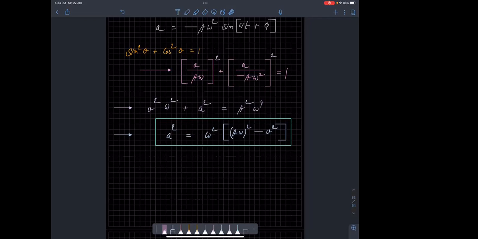Because dimensionally, V is same as A omega. A is in meters, omega is per second, so it will be meter per second. Now it is dimensionally correct. Clear? Yes, sir. So this is the relation.